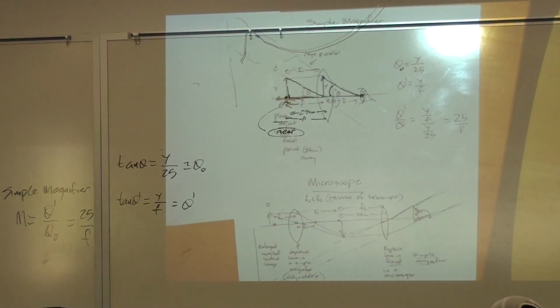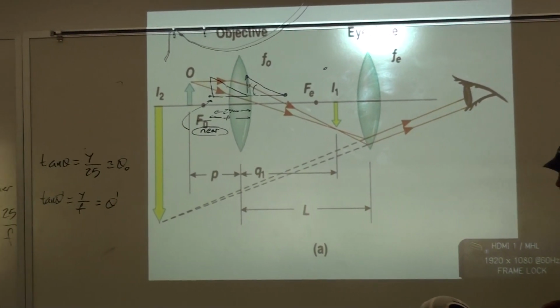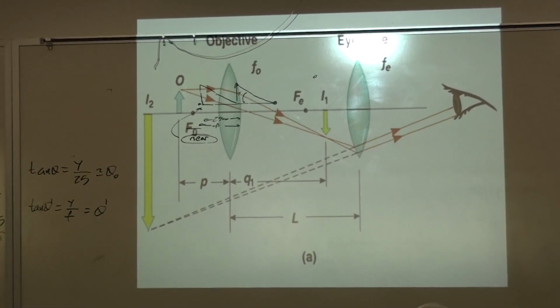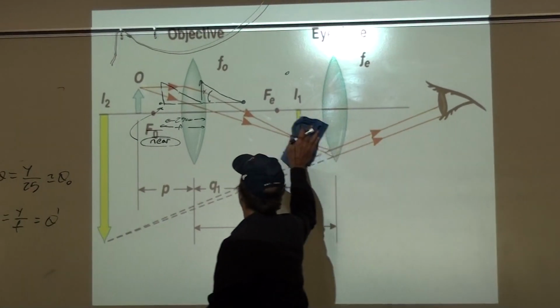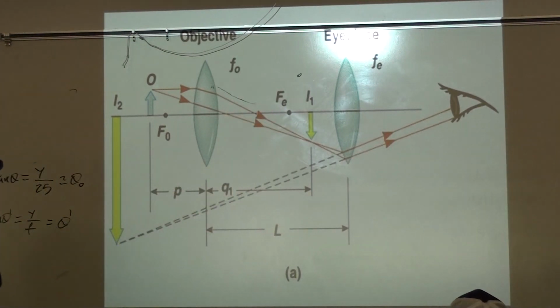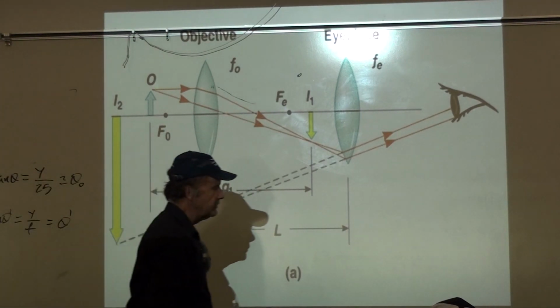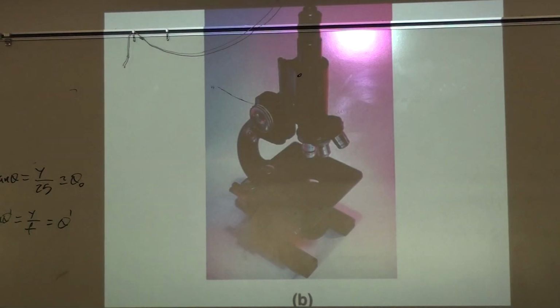Now we go to the microscope. And in the microscope, basically what you want to do here, instead of having an image that's really far away, like on the moon, is to have your image on a slide. And that slide is going to be close to the microscope. So here's your microscope.